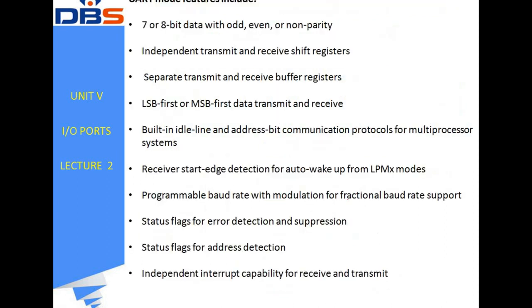Coming to the main features of this UART mode, as I have already told you, 7 or 8 bit data with odd, even or no parity, whether it is in odd parity, even parity or non-parity, will be transmitted. Independent transmit and receive shift registers.